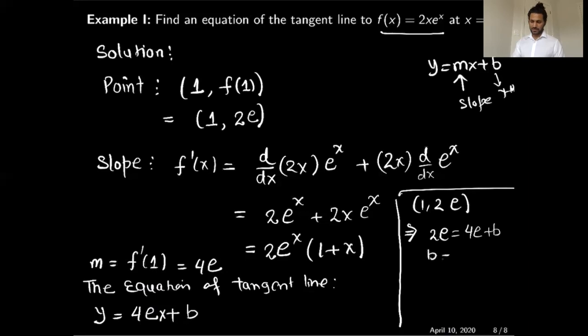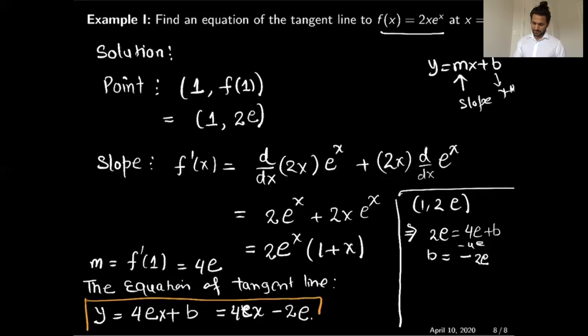Therefore, b is equal to, I will add negative 4e on both sides, which will be negative 2e. So your equation of the tangent line is y equals 4e x minus 2e. So this is the final solution. I will box that one.